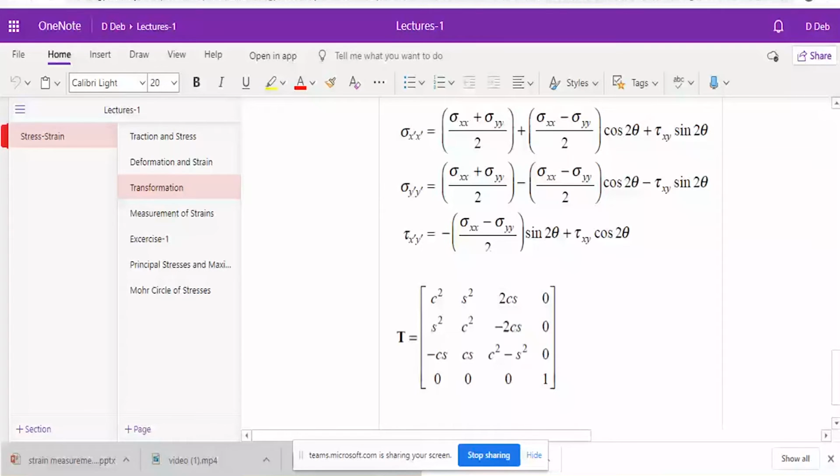C square will be cos square of minus 30 degrees.